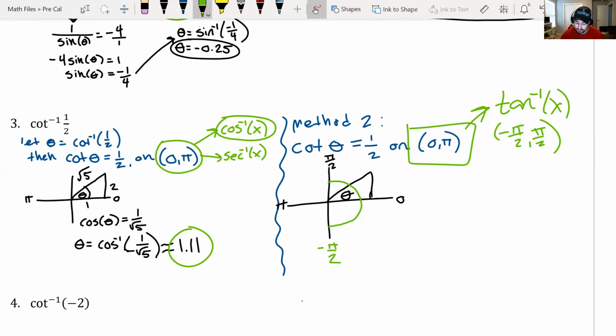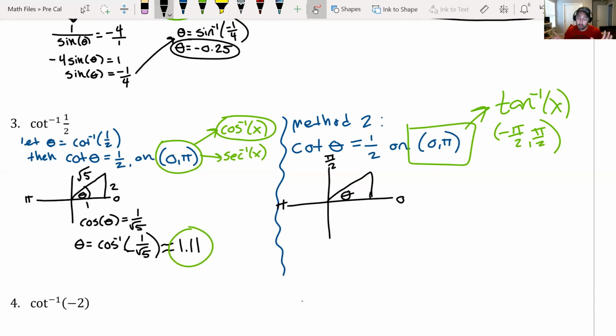So basically what I'm saying is that the value of our theta is in quadrant 1. So cotangent and tangent are sharing a quadrant. With that being said, we can do this by identities.